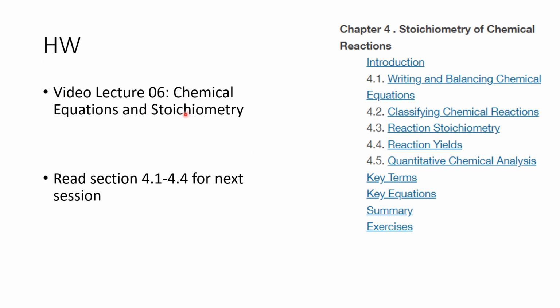The next video lecture is going to be chemical equations and stoichiometry. That's how you say it, stoichiometry. And so we're finally getting into some really fun stuff with this. So the next lecture is really going to be about 4.1 and 4.3, but I really think that it will go more smoothly if you'll take your textbook.